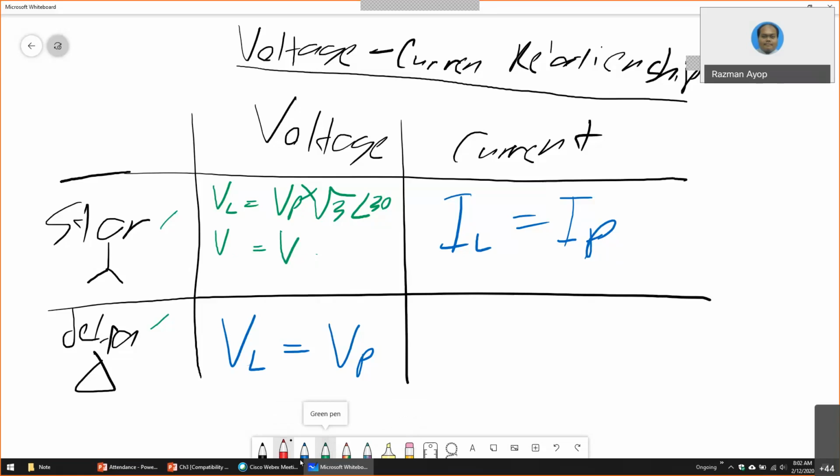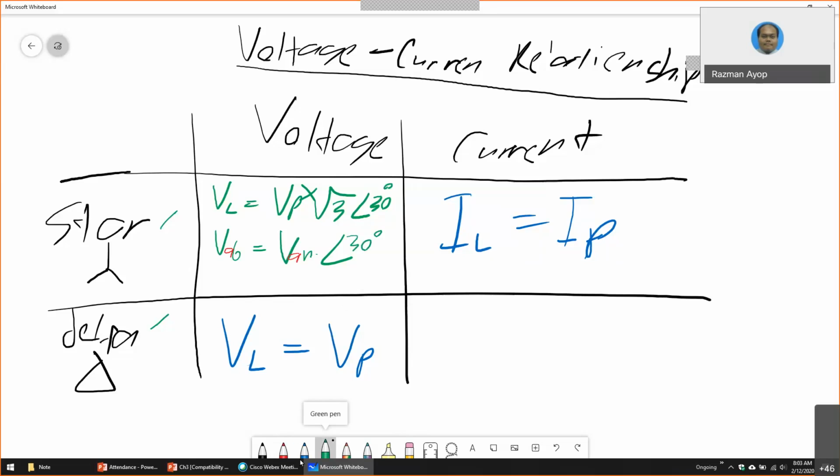this one is A, this one is B, and this one is A. Make sure the notation is correct, and the angle theta degree.